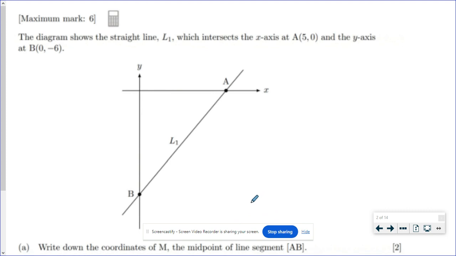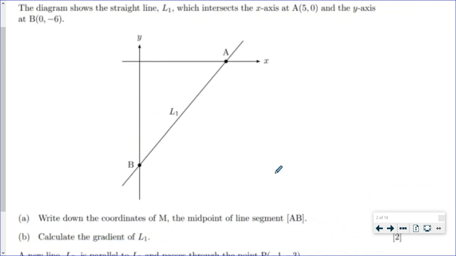All right, the diagram shows the straight line L1, which intersects the x-axis at the point A, coordinates 5, 0, and the y-axis at B, coordinates 0, negative 6. First, write down the coordinates of M, the midpoint of line segment AB.